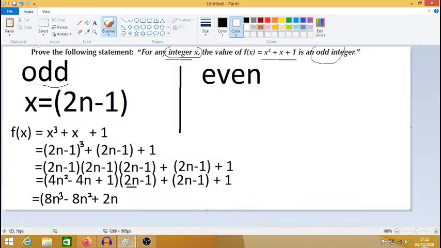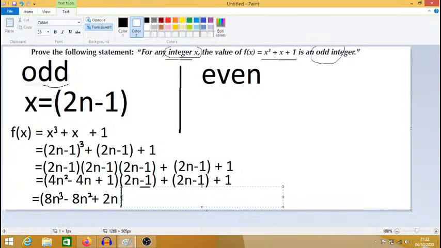Okay, and then continuing, instead of using the 2n, we're then using minus 1. So we then have minus 1 times the 4n squared, so that's minus 4n squared. I'll put the power in a second, plus the 4n and minus the 1. So that's all the expanding done on that triple bracket set.